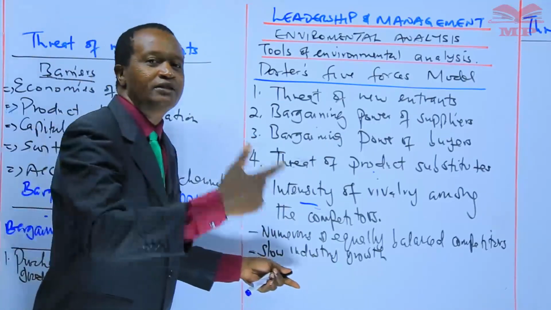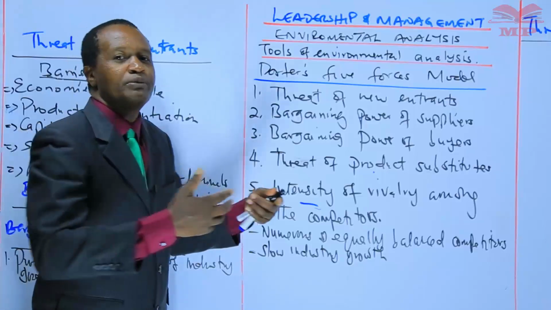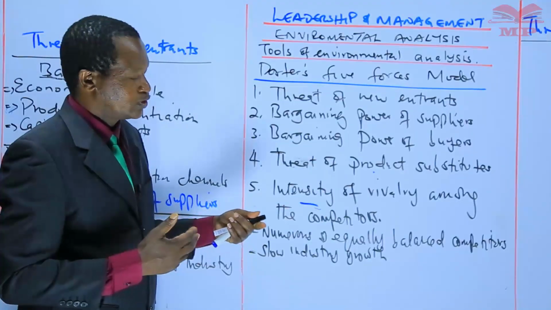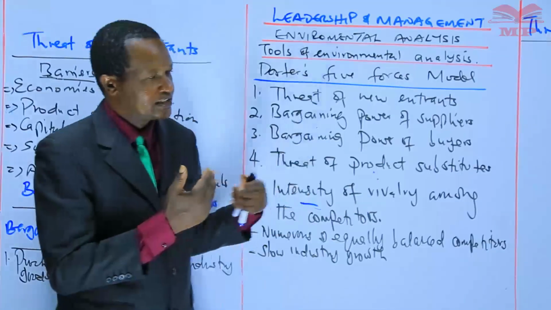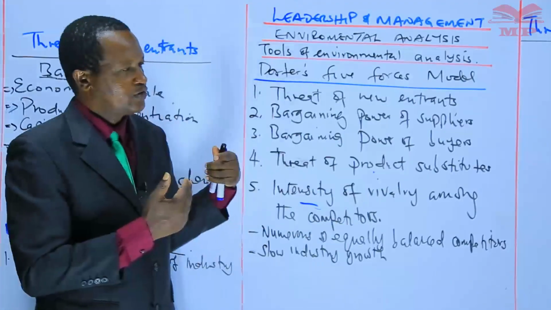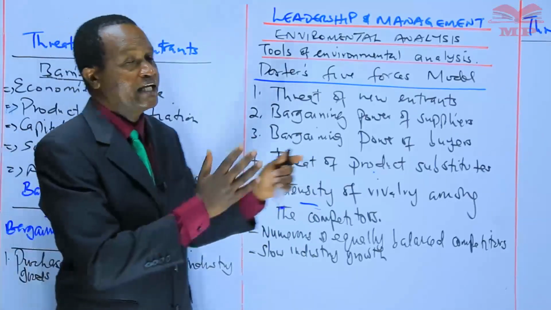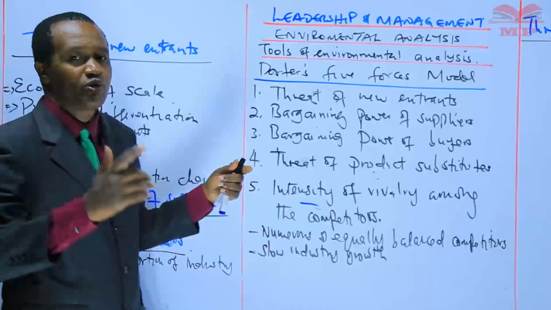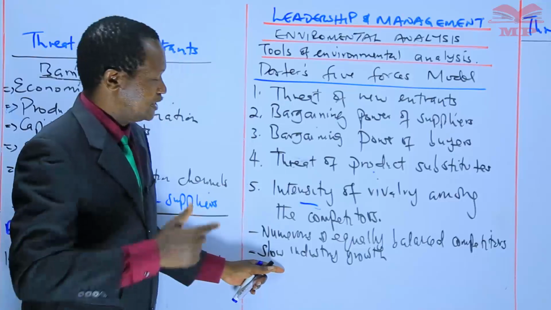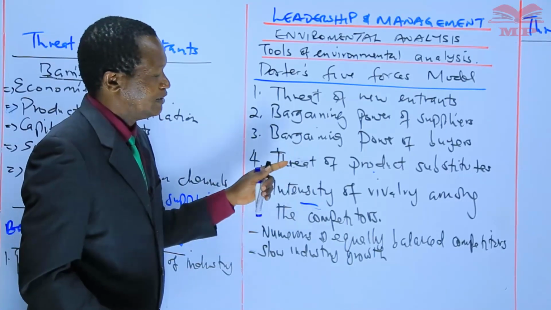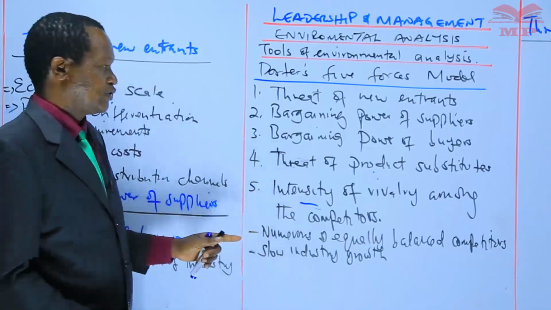And growing markets, candidates, reduce the pressure to take customers from competitors. Because when the market is still young and is still growing, the focus is not on getting customers from the competitors, but gaining new markets. So slow industry growth is a condition where you may find intense rivalry of competitors.